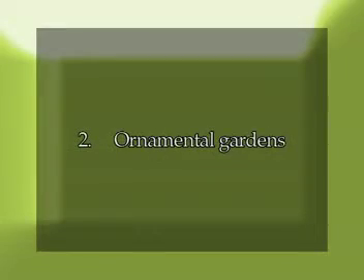They are generally state supported. Number 2, ornamental gardens. They have diverse plant collections and are nicely documented. They may or may not currently have research, education, or conservation roles. Some ornamental gardens are privately owned.